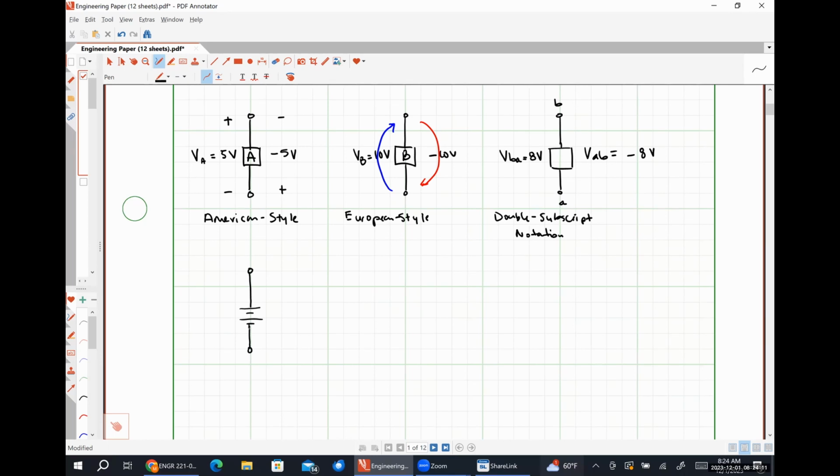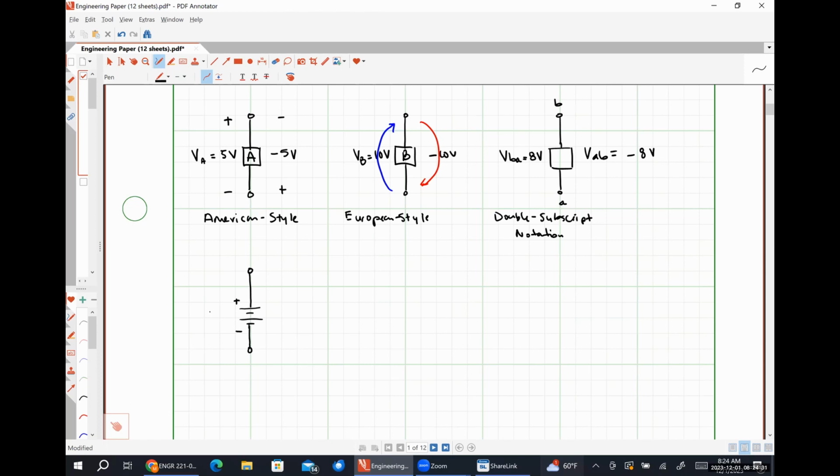Doesn't really matter whatsoever, but technically there is a difference between those 2 different symbols. The long horizontal line is the positive polarity terminal, and the short horizontal line is the negative polarity terminal.